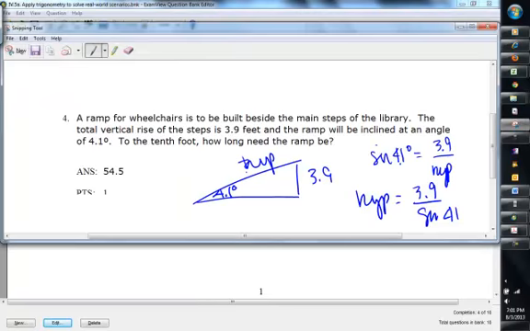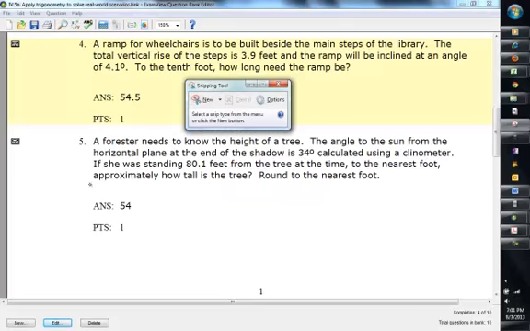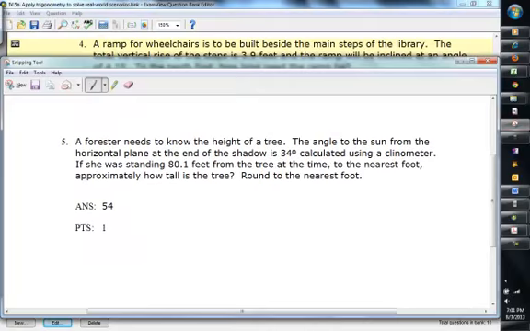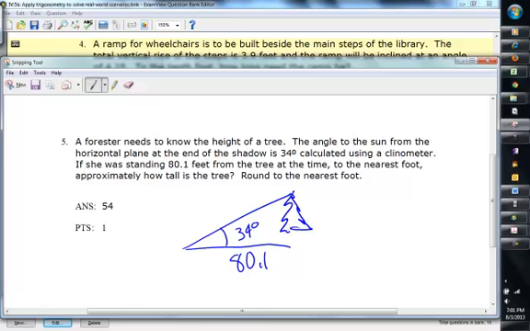A forester needs to know the height of a tree. The angle of elevation to the sun is 34 degrees. She's 80.1 feet away. How tall is the tree? So, tangent of 34 is the opposite, which is the height of the tree, over the adjacent 80.1.